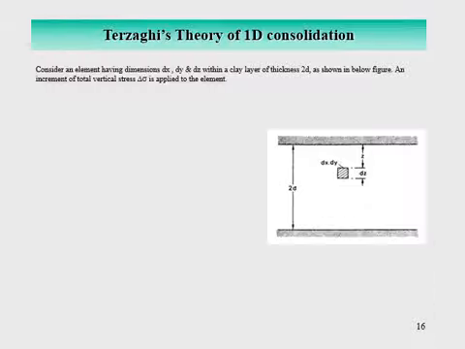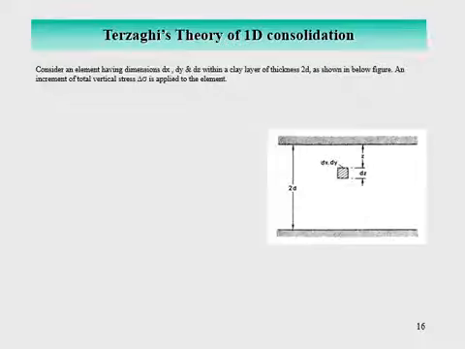So let's derive Terzaghi theory of one-dimensional consolidation. Remember that we would use 3 tools, or 3 main steps, to derive it. Number 1 is Darcy's law or equation.